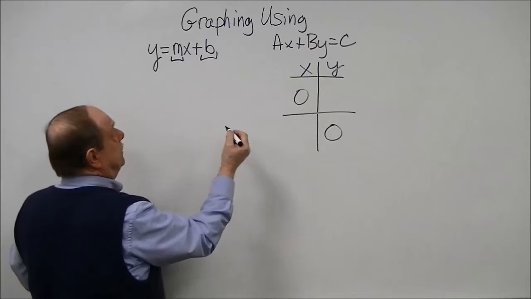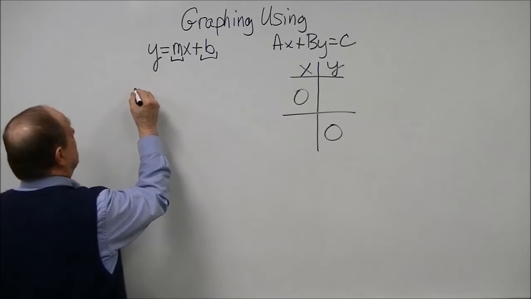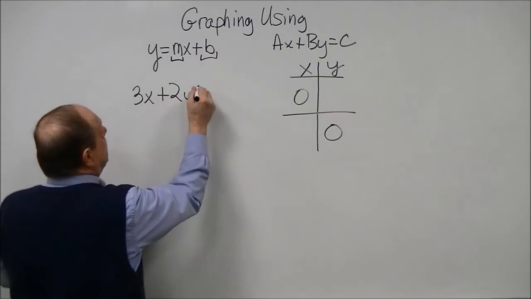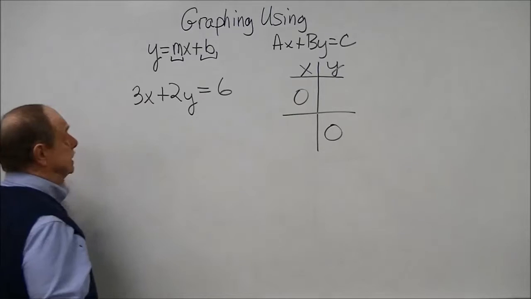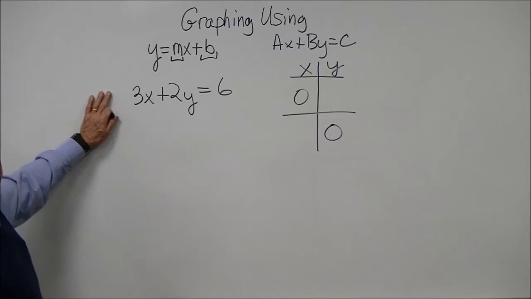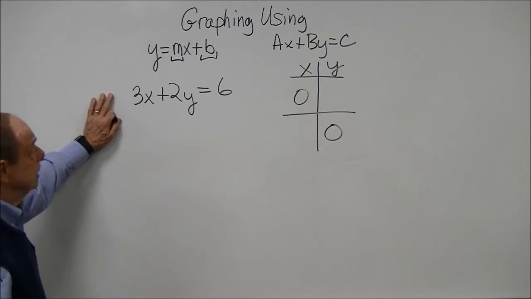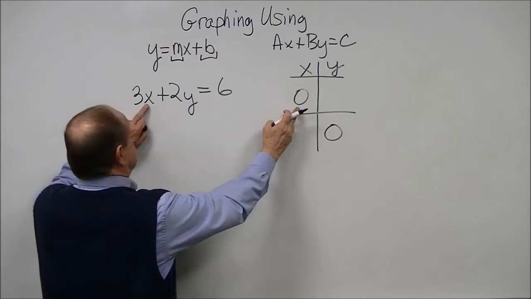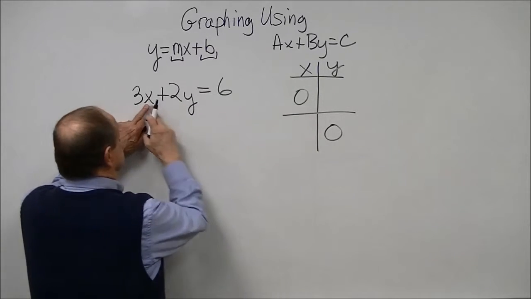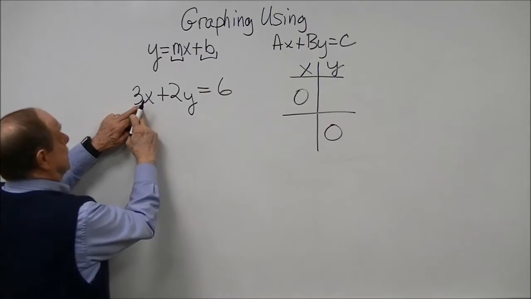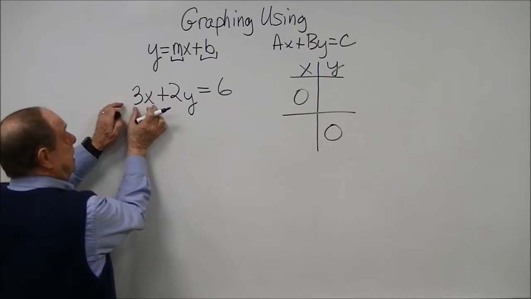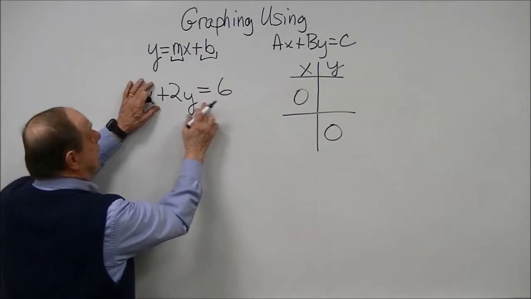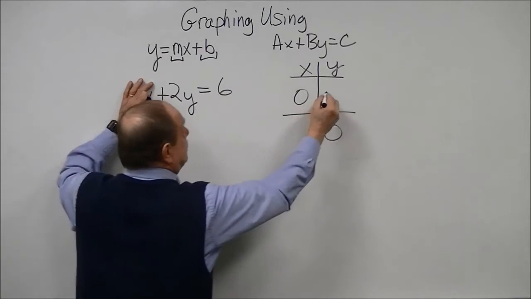So if you have an equation, let's say 3x plus 2y equals 6, which is in standard form, what you're going to do is replace the x with the 0. This gives you 3 times 0. This makes this term a 0. And now you solve for the y, which will be 3.